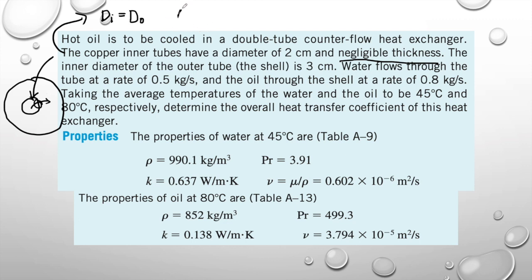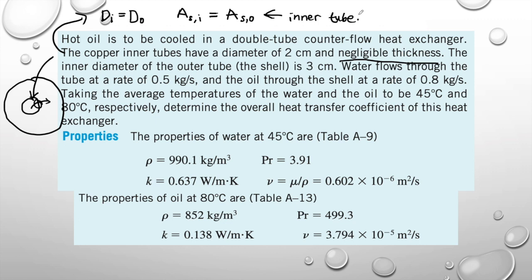Therefore the surface area for the inner is also the same as the surface area for the outer. This is specifically for the inner tube, not for the outer tube, the inner tube which is made of copper.